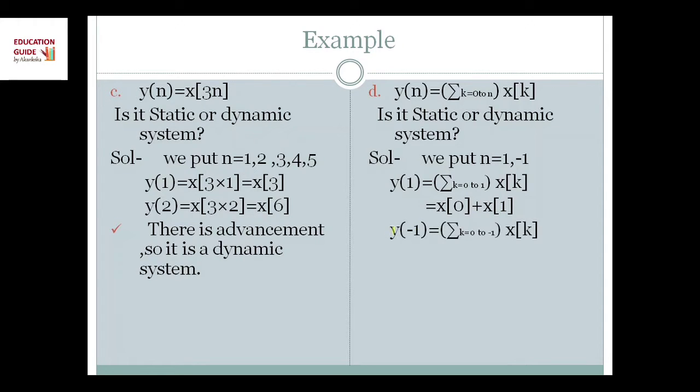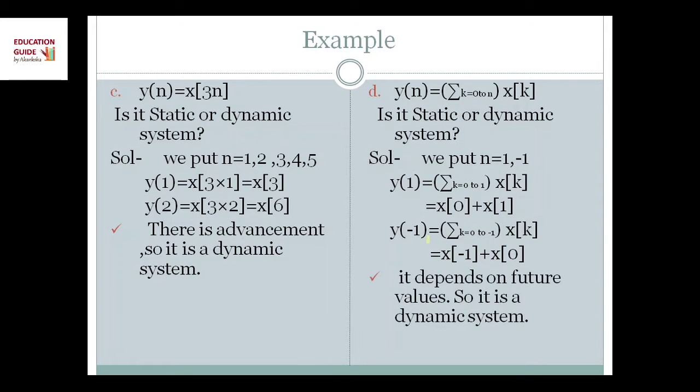Similarly, we put n = -1. y(-1) = summation k = 0 to -1 of x(k), which gives x(-1) + x(0). There is advancement: when we put n = 1, we get 0 and 1. When we put n = -1, we get -1 and 0. So it depends on future values. It is a dynamic system.